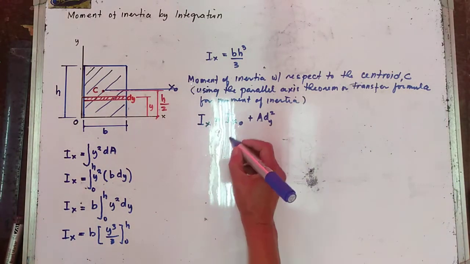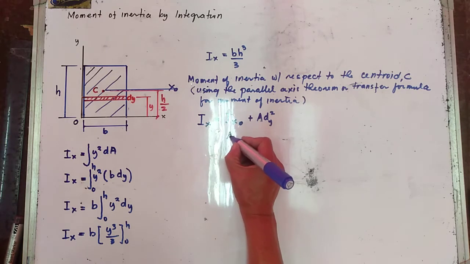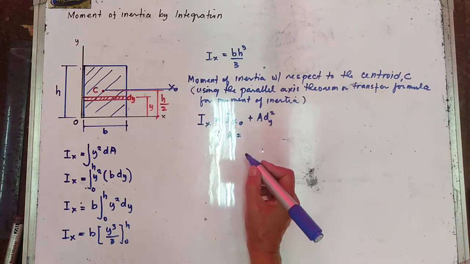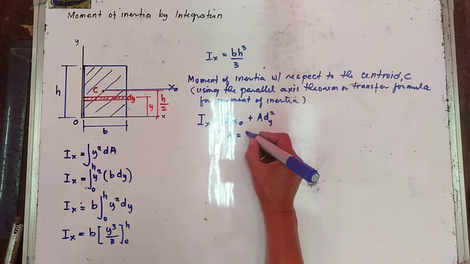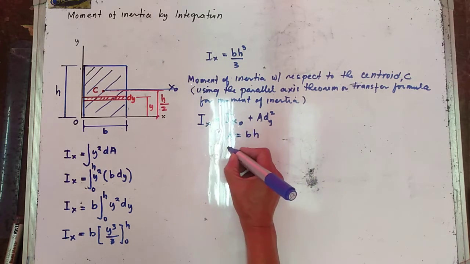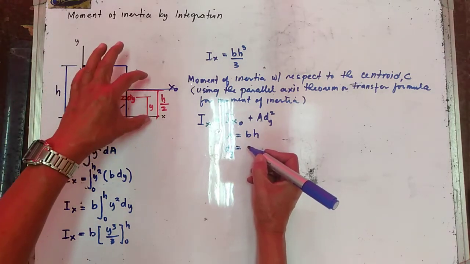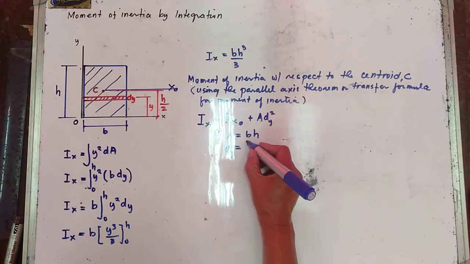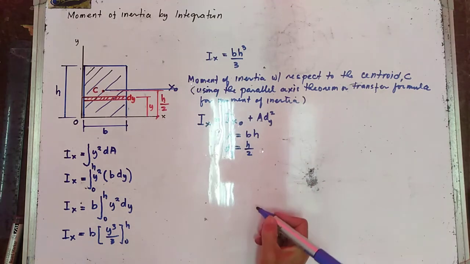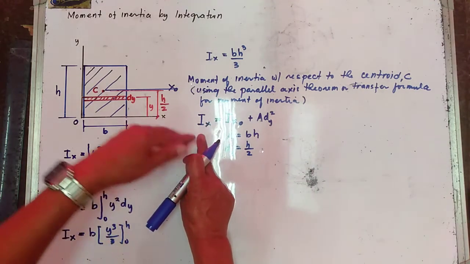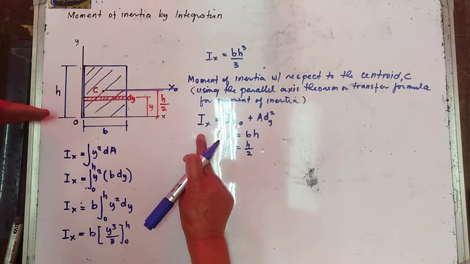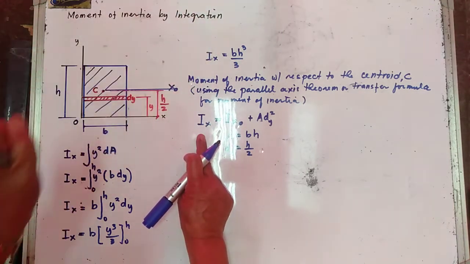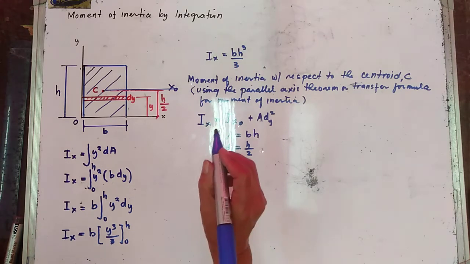Now, your area in here is equal to B multiplied by H, and your distance D parallel to the y-axis is equal to H all over 2. So that is H all over 2. Now, the moment of inertia about the x-axis is BH cubed all over 3.